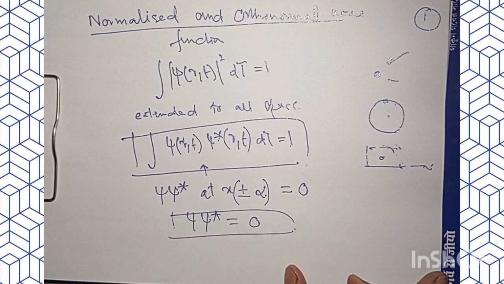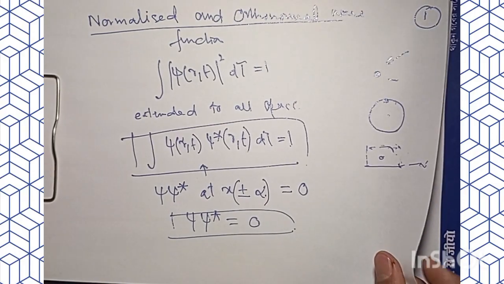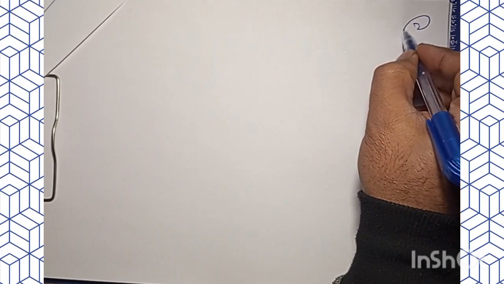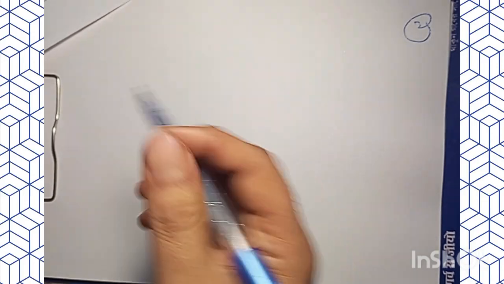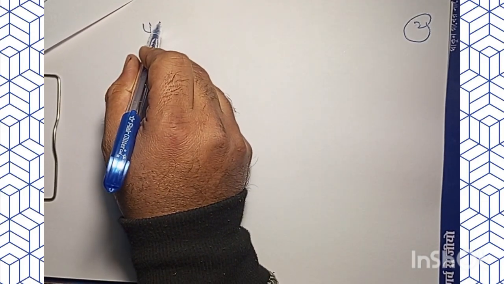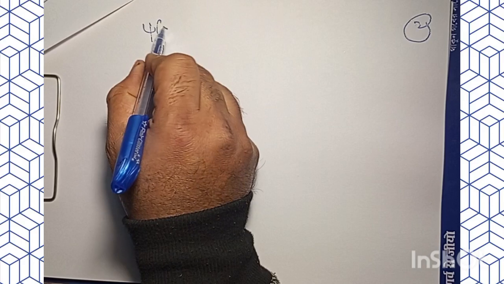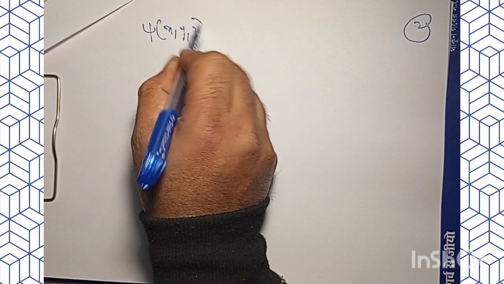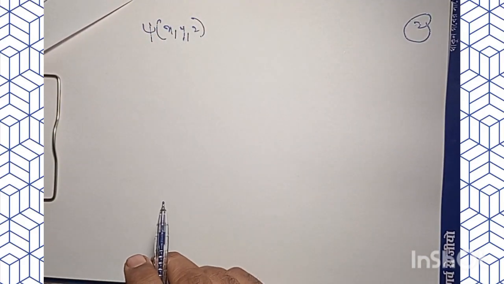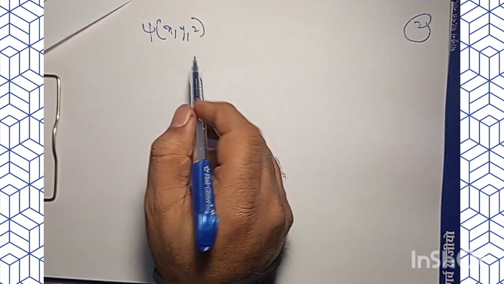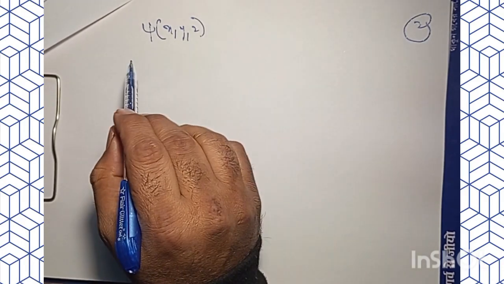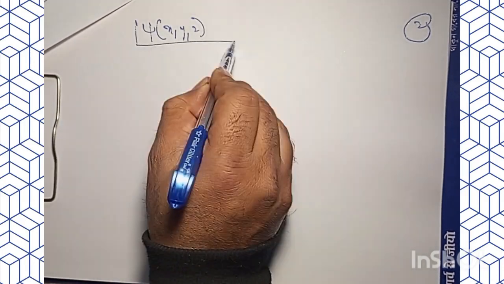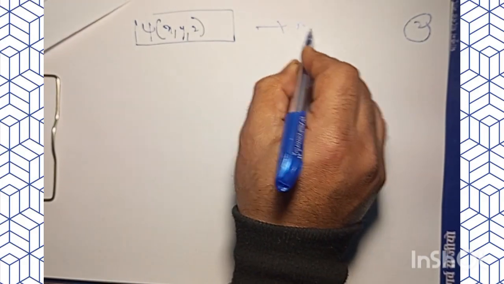For example, if I have the wave function psi with coordinates x, y, z, and it satisfies Schrodinger's equation, and the integral of the probability distribution over the entire space for this wave function comes out to be, say, N.